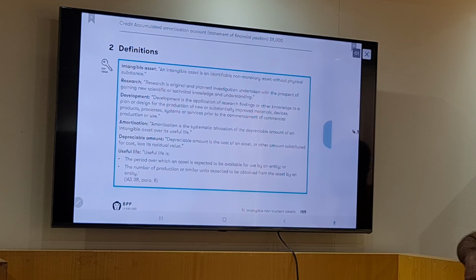Development is the application of the research findings or other knowledge to a plan or design for the production of new or substantially improved materials, devices, products, processes, systems or services prior to the commencement of commercial production or use. Amortization is the systematic allocation of the depreciable amount of an intangible asset over its useful life. We already know what the depreciable amount is, and we also know what is meant by useful life.